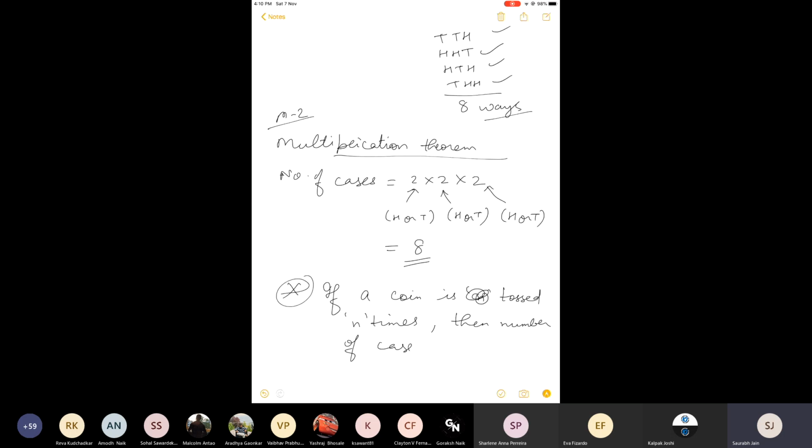Why? Because here we are having 3 coins, so it is 2 cube. 8 is 2 cube. If 4 coins are there, then the outcomes will be 2 into 2 into 2 into 2, 4 times, that is 2 to the power 4. And similarly, if a coin is tossed n times, it will be 2 to the power n. So you can generalize this concept also. So this was question number 5.